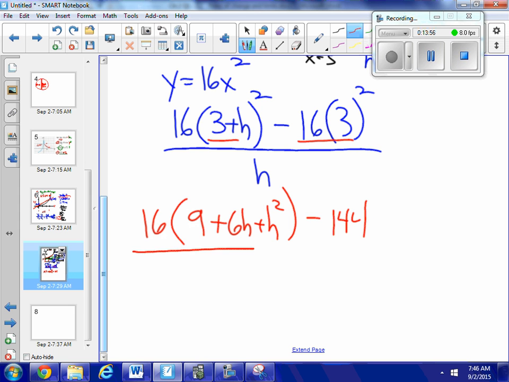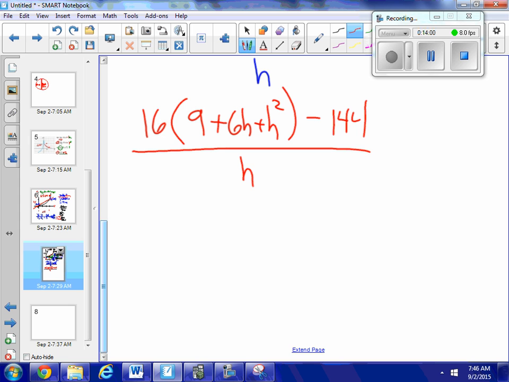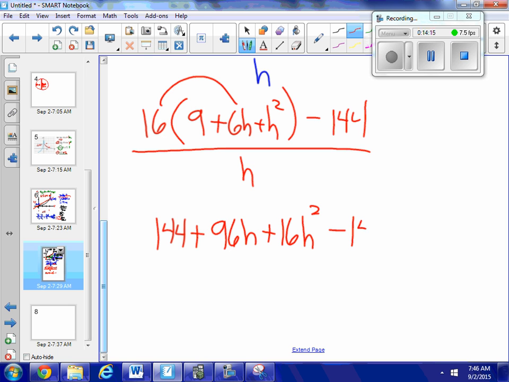And that's all divided by h. So 16 times 9 is 144, plus 16 times 6 is 96, 96h plus 16h squared minus 144, all divided by h.